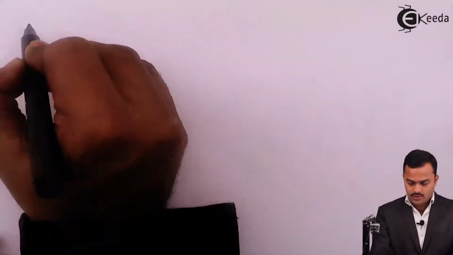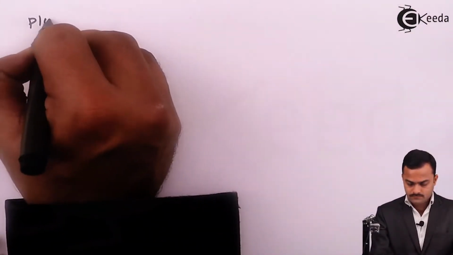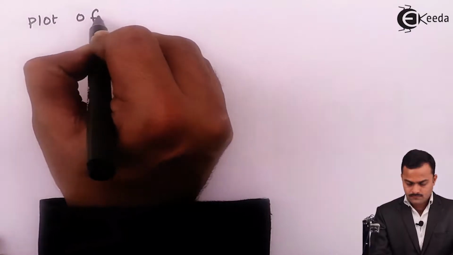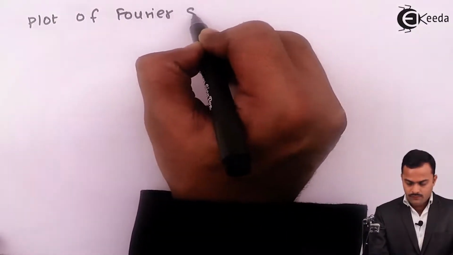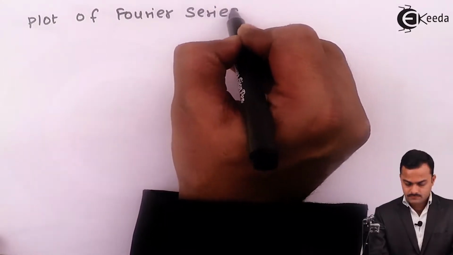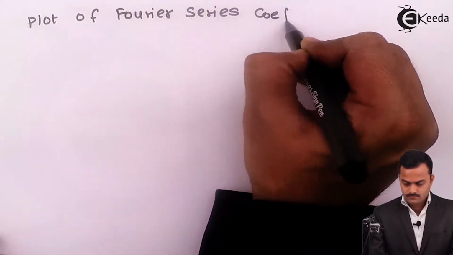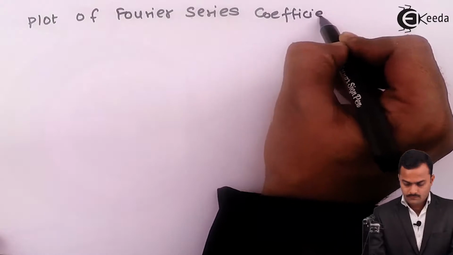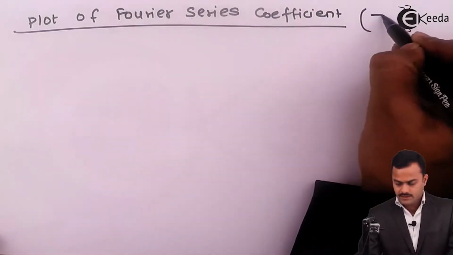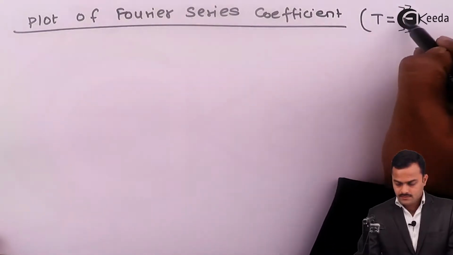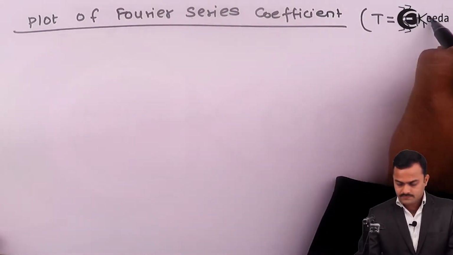Now we are having a plot of Fourier series coefficient where the ratio we are taking is T as 8 times T1.